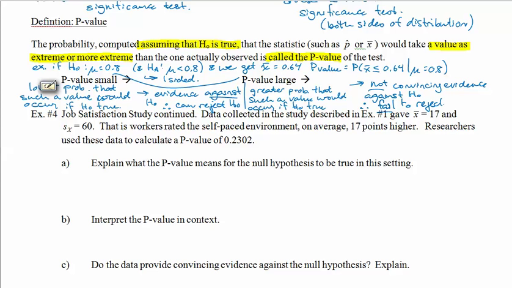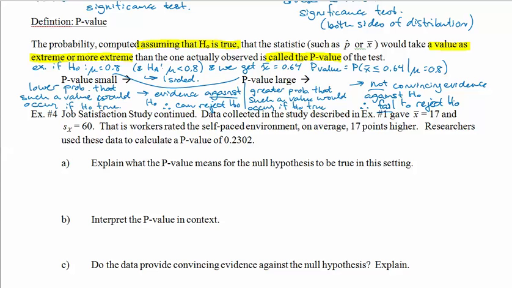Now I'd like you to be very careful of our wording. We never accept H naught. We only reject it or fail to reject it. So we don't accept it if we have large p-values.